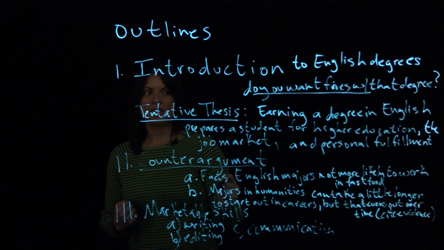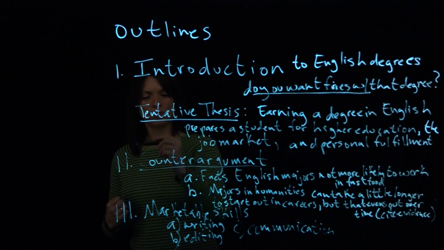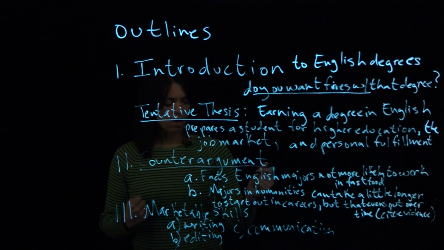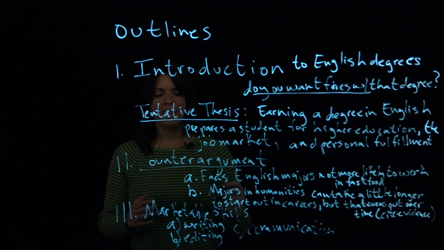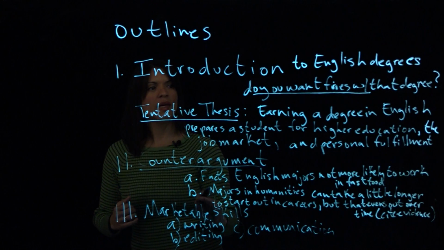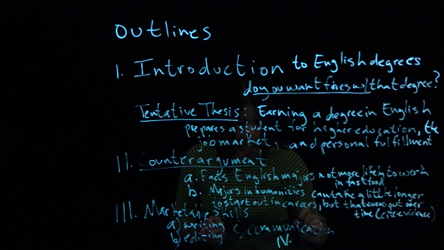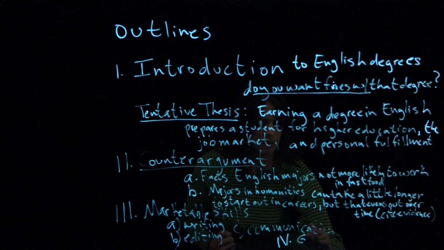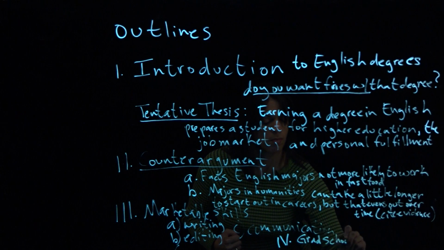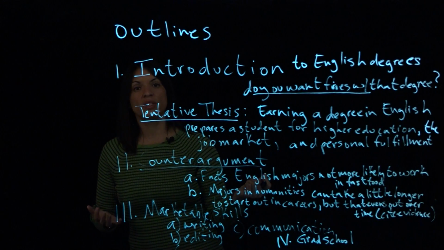Okay, and so 1, 2, 3 other points that I would also potentially want to hit on and then use this same structure would be things like I would want to go into grad school opportunities, go into some of the fields or disciplines that English can prepare you for.